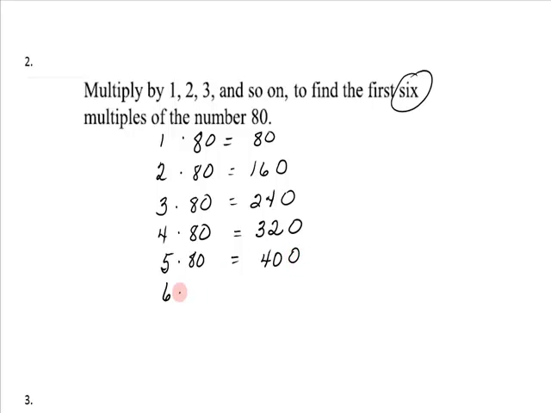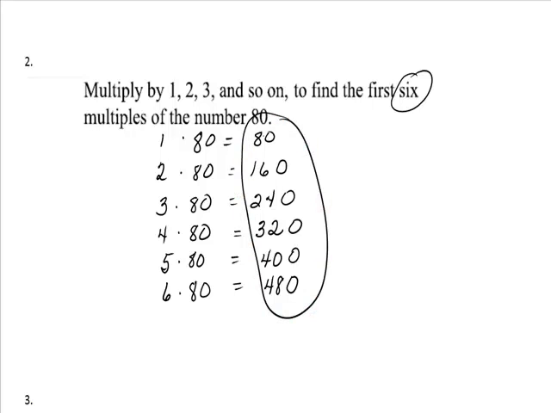So it's 400. 6 times 80, 6 times 8 is 48, add the 0. I'm not going to rewrite this, but here's your list of the first 6 multiples of 80. If we were counting by 80s, it would go 80, 160, 240, and so on.